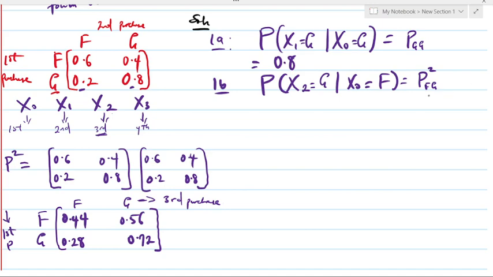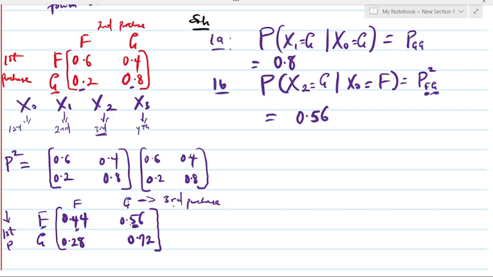Now what we are looking for is the transition from Ford to G, from Ford to G at the third purchase, that we have 0.56. The first purchase of the man is Ford, then his third purchase will be GM, that is 0.56.